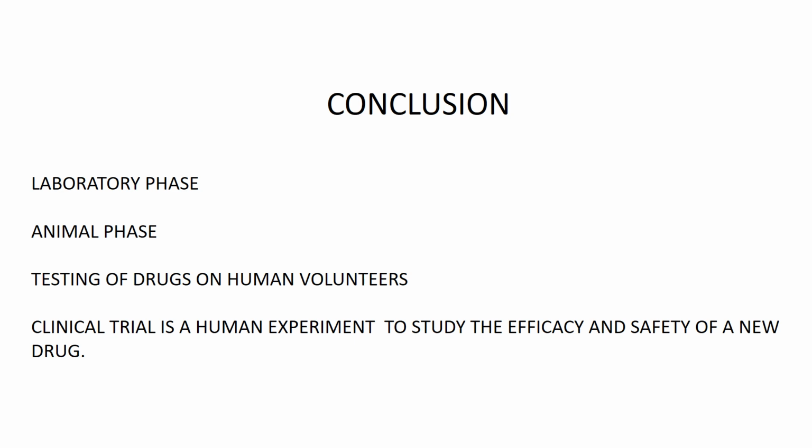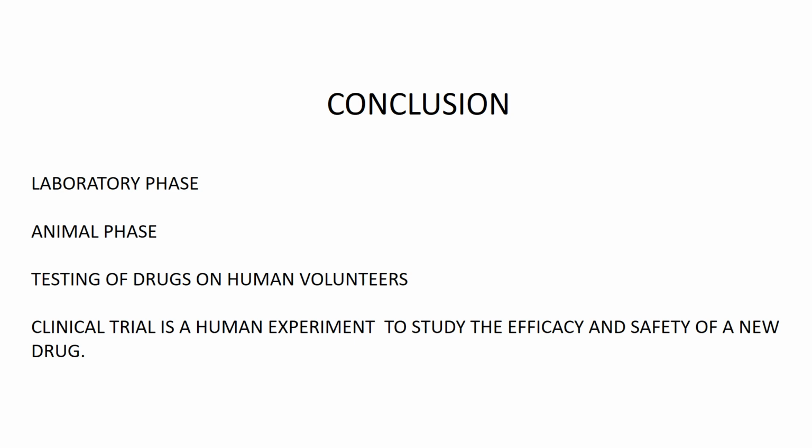And then we need to take ethical clearance and we need to perform this test on animals, albino rats or anything. In vivo assays we need to do. And after that, we need to do testing of drugs on human volunteers only under FDA guidelines.